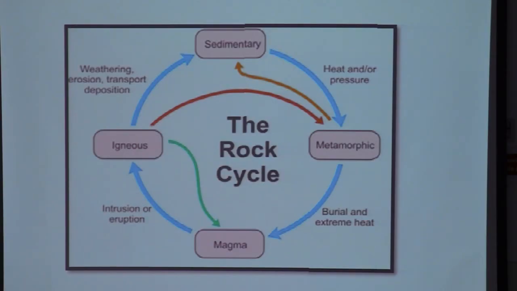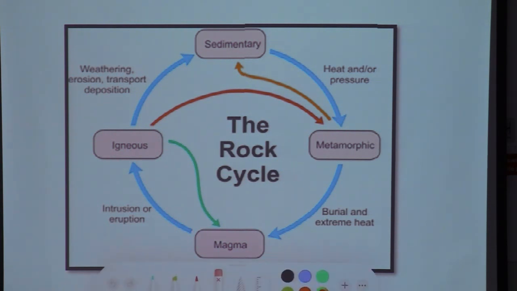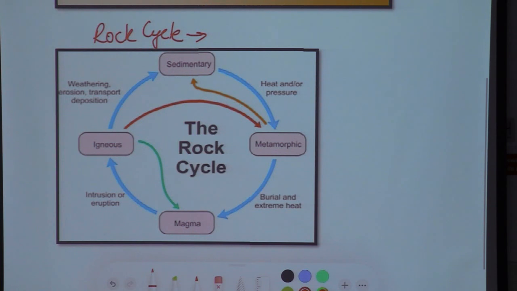The last thing mentioned in this chapter of our NCERT is the rock cycle. Rock cycle is the consistent transition of the different rock types from one to the other. So I can say sedimentary rocks under heat and pressure can become metamorphic.